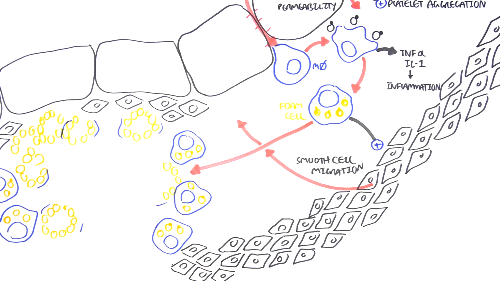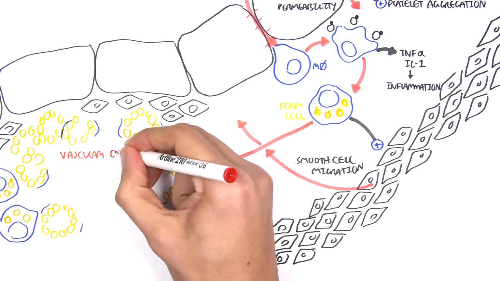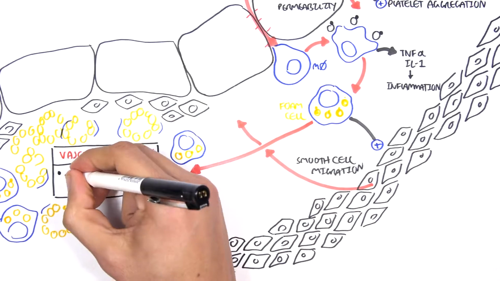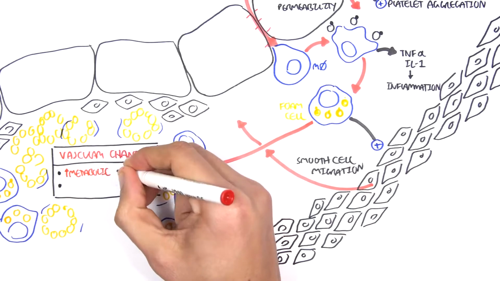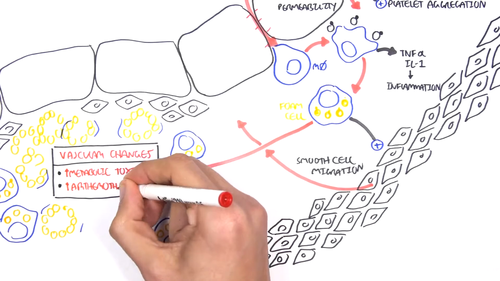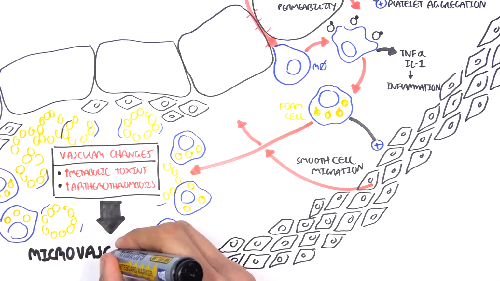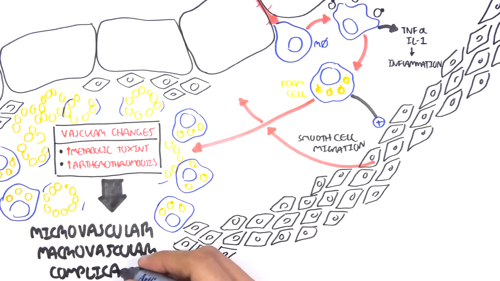This whole process we just saw right from the beginning, from reactive oxygen species, protein kinase C to foam cells, all are what lead to the vascular changes. The vascular changes are, we see an increase in metabolic toxins and also atherothrombosis.